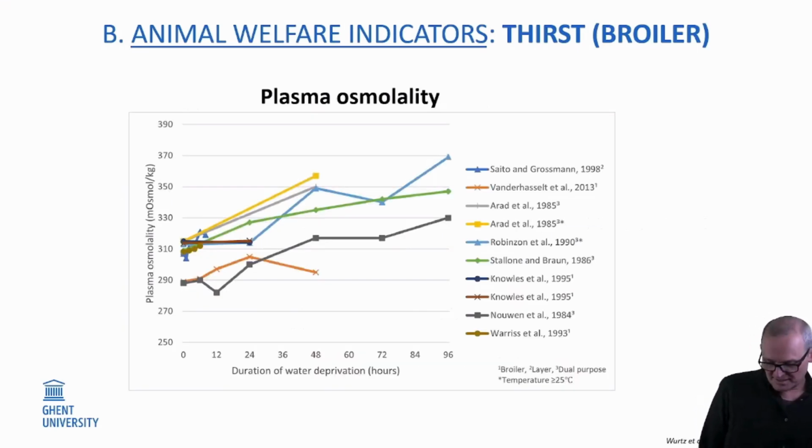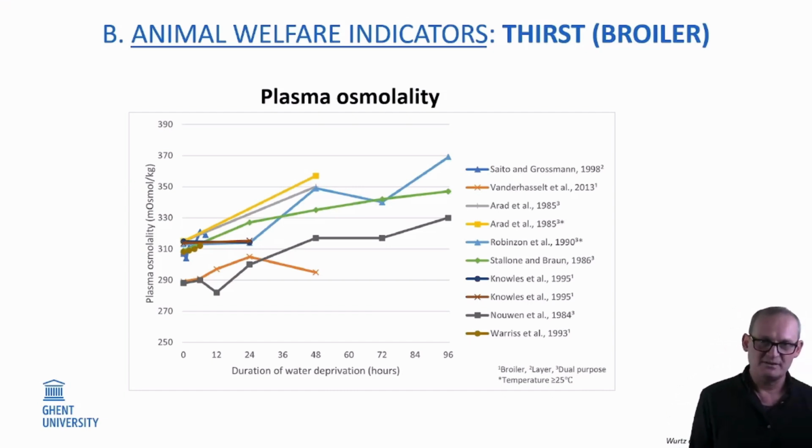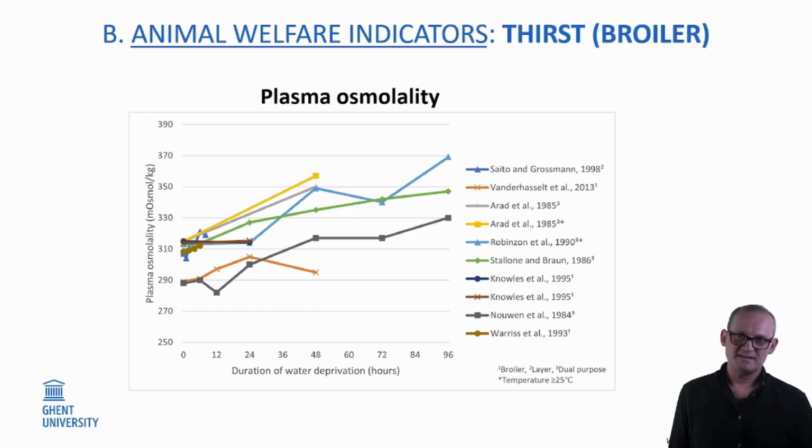You could ask, could there be good physiological indicators of thirst that can be used in broilers? Several of these have been suggested and investigated, and here you see a meta-analysis of the existing literature that has recently been published, which shows that indeed there are some physiological indicators that can be measured, such as osmolality, which typically increases with the duration of water deprivation.